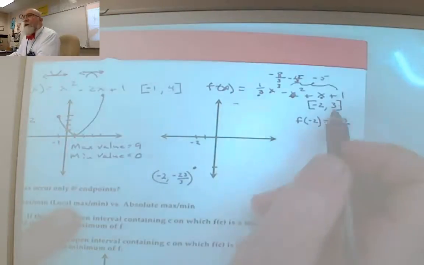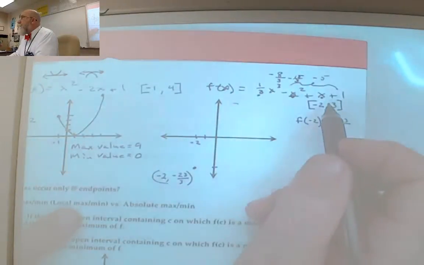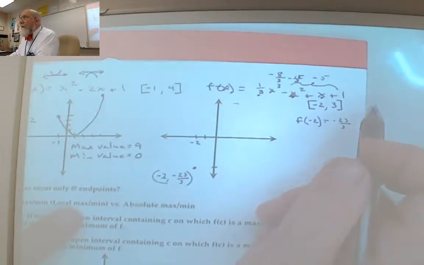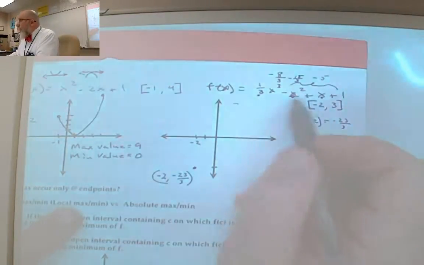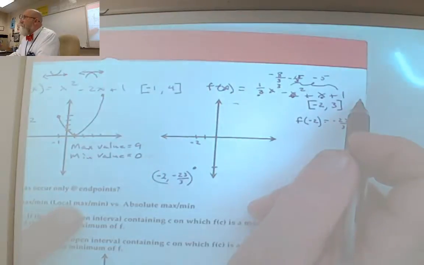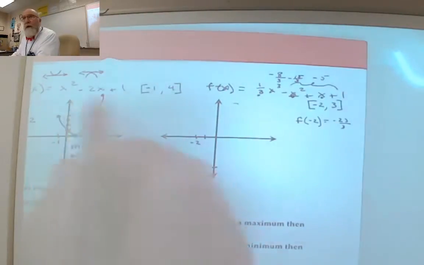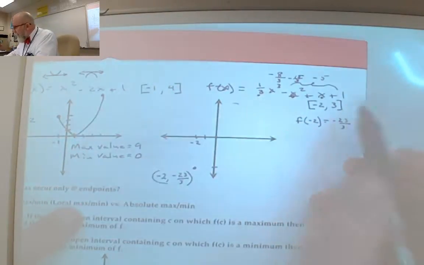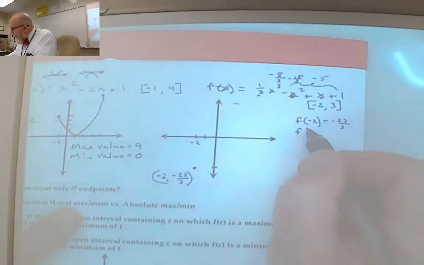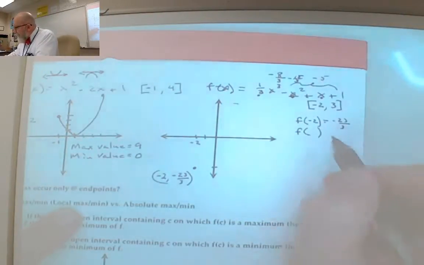Now, is it continuous? Yes. Why is it continuous? What is this thing called? It's a polynomial, just like the quadratic one was a polynomial. This is a polynomial. What's my next number that I'm going to put in here? 3.